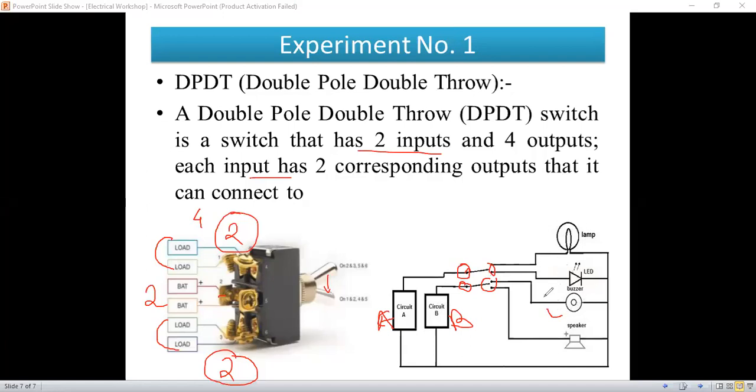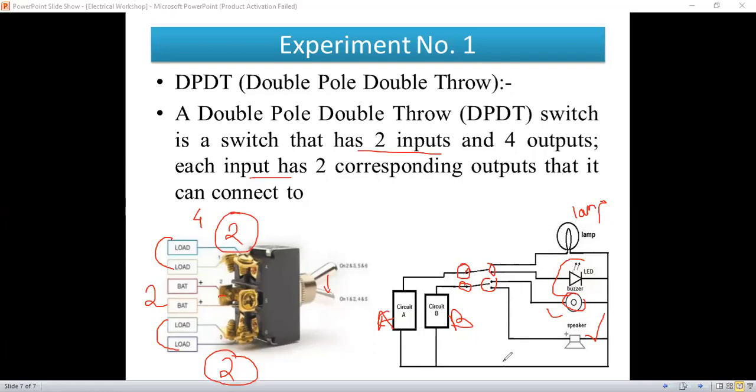See here 4 types of load are given, that means it is having 4 output terminals. In this figure, one is the lamp output, one is the LED output, one is the buzzer output, and another one is the speaker output.